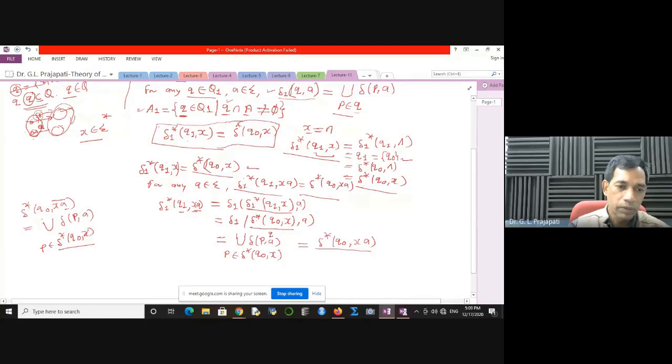So delta star Q0 xA is the same as the union of delta P, A, where P belongs to delta star Q0 x.